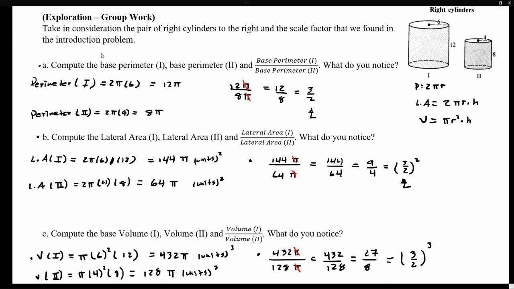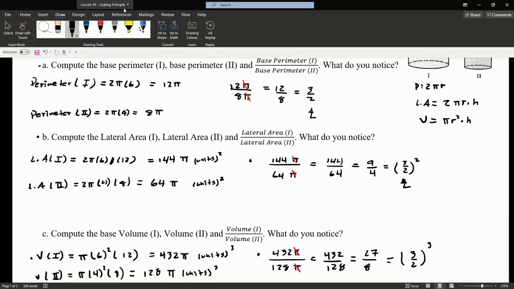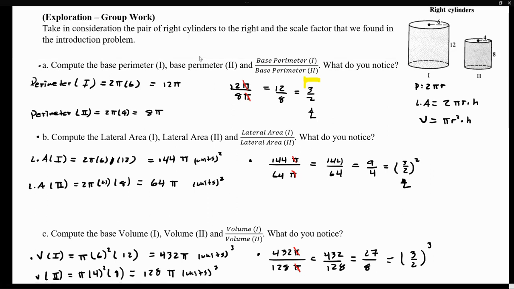So now that we have computed the perimeter, the lateral area, and the volume, let's take a look at the conclusions that we got here. If I divide the perimeters, I get a value of 3 halves. If I divide the lateral areas, I get a value of 3 halves squared.